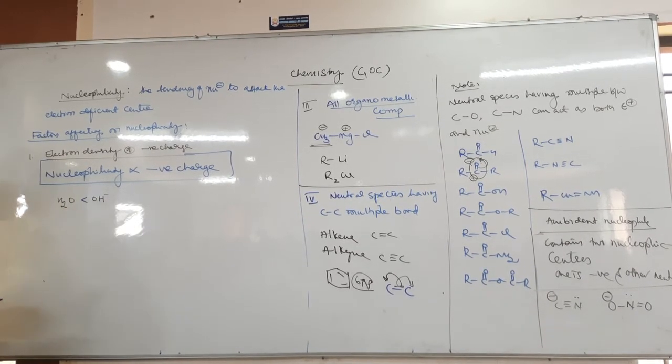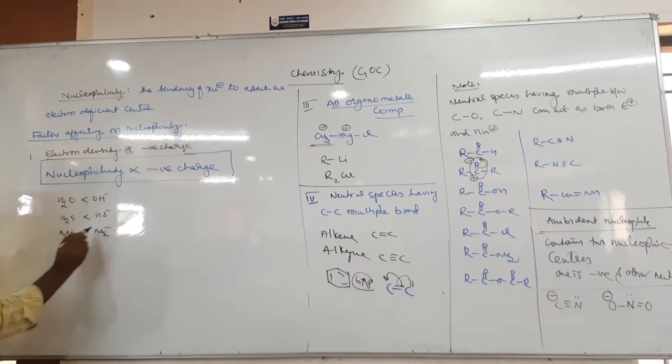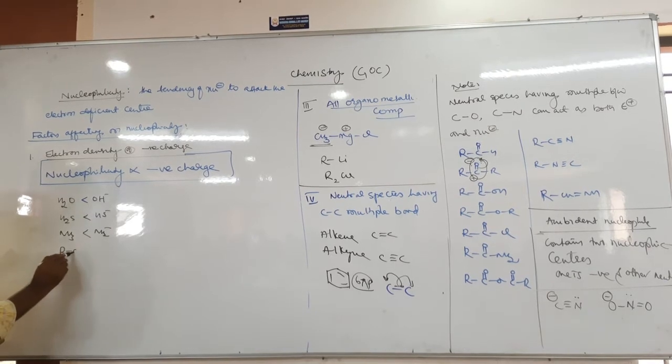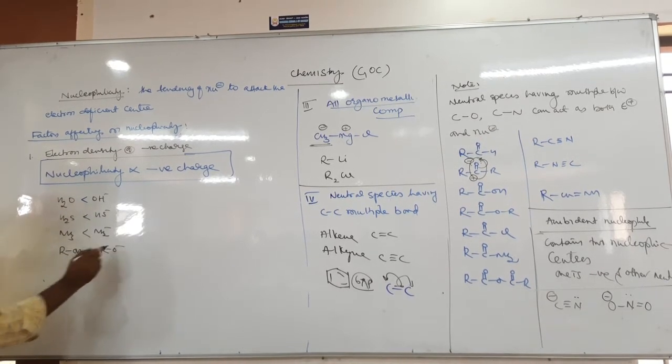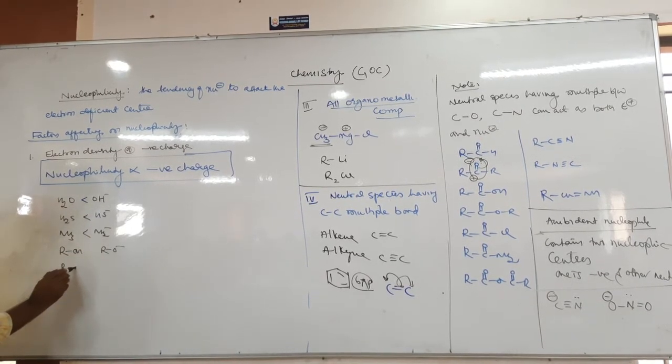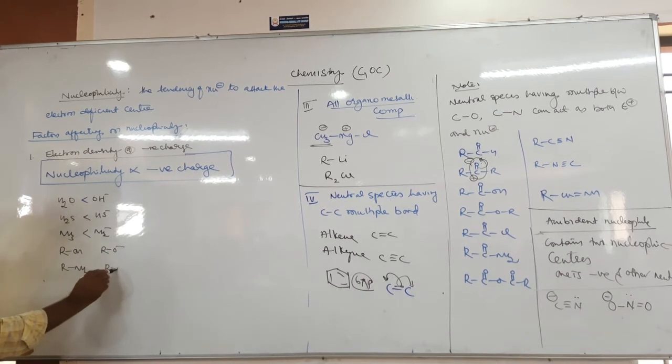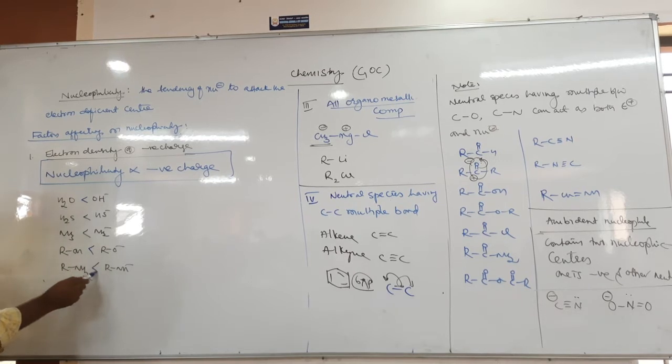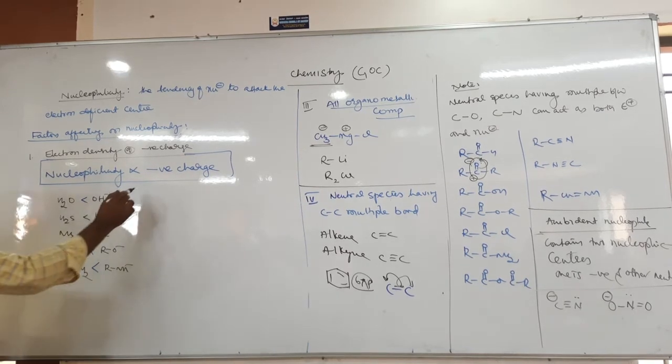Obviously OH minus. Like H2S and HS minus, ammonia and NH2 minus, alcohol and RO minus, amine and NH minus. So when there is a negative charge, obviously its nucleophilicity increases, right?